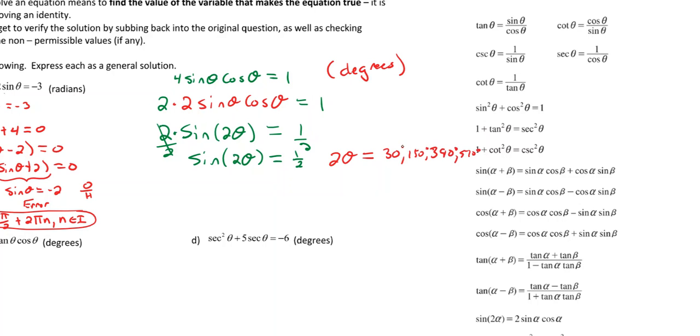Okay, now that's what 2 theta is, right? So if I want theta, can you see that I could just divide everything by 2, right? Because I divide 30 by 2, so all of these would just end up being divided by 2 in the end. So you get, my angles are really going to be like 15, 75, 195, 225.